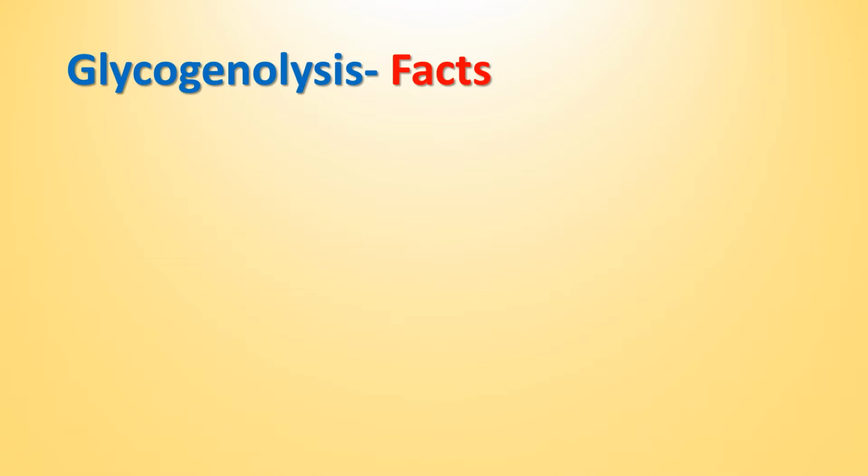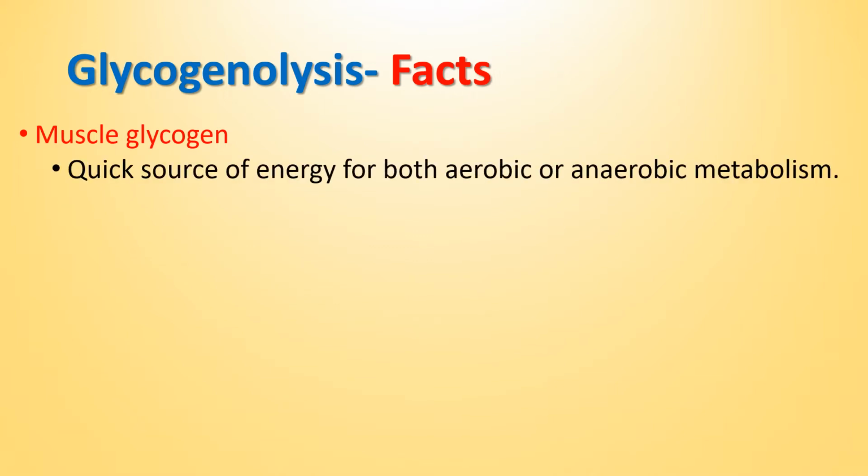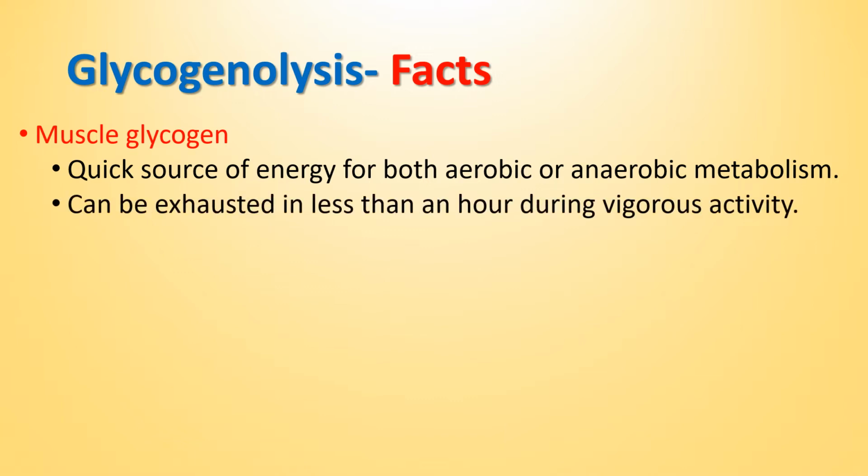Here are some facts about glycogenolysis. In case of muscle, the muscle glycogen is a quick source of energy for both aerobic and anaerobic conditions, and during exercise or when muscles are highly active, this glycogen can be exhausted in less than an hour during that vigorous activity.